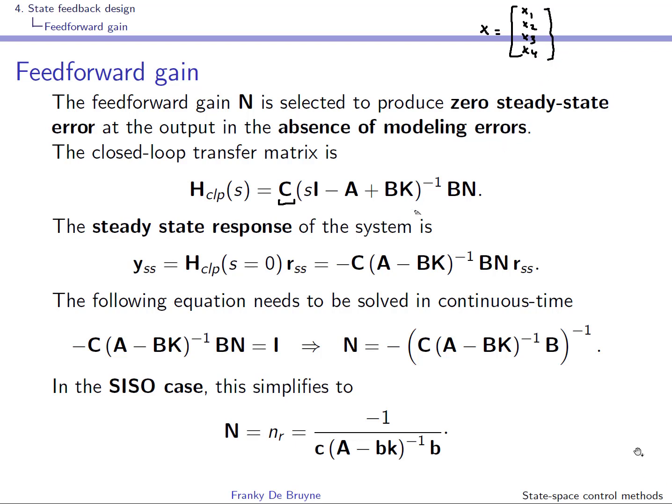And that, for instance, only states x2 and x4 are available for measurement, and that you have a single input, single output system, and that only state x4 is controlled.